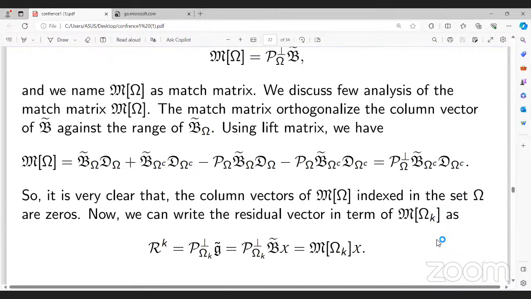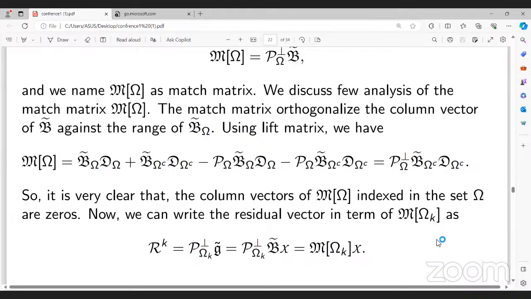So we can write M_Ω as B tilde_Ω U_Ω^* plus B tilde_{Ω^c} U_{Ω^c}^* minus P_Ω B tilde_Ω U_Ω^* minus P_Ω B tilde_{Ω^c} U_{Ω^c}^*. Here P_Ω B tilde_Ω U_Ω^* cancels out with B tilde_Ω U_Ω^*, because P_Ω is nothing but the orthogonal projection onto the span of the entries chosen in Ω. So the remaining terms are B tilde_{Ω^c} U_{Ω^c}^* minus P_Ω B tilde_{Ω^c} U_{Ω^c}^*. So this is nothing but P_Ω^⊥ B tilde_{Ω^c} U_{Ω^c}^*.